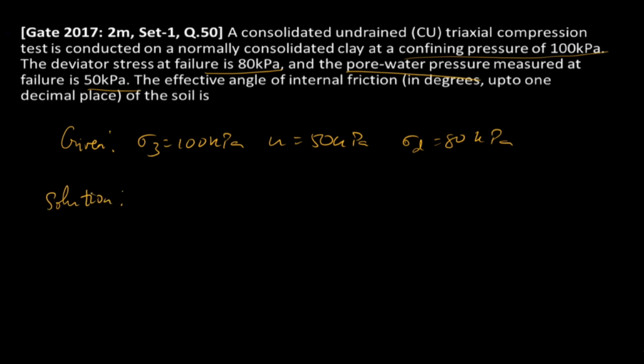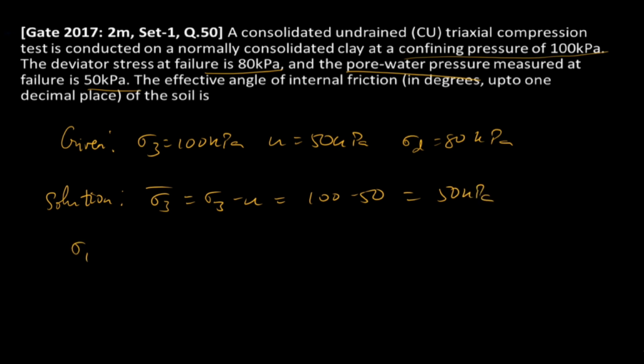Solution. With this, we can find the value of sigma 3'. Sigma 3' will be equal to sigma 3 minus u, which is 100 minus 50, the effective confining stress, that is 50 kilopascal.